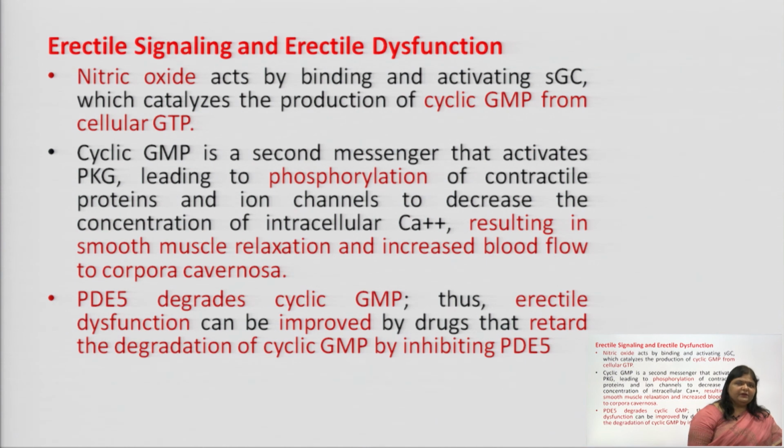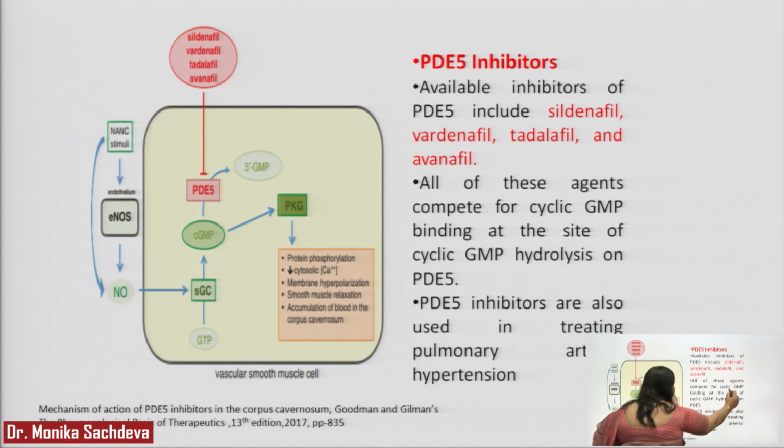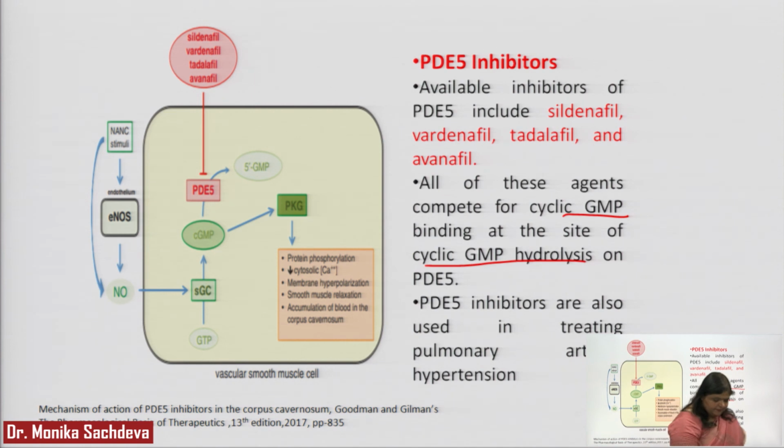They inhibit the conversion of cyclic GMP, and that is the basis for their use in erectile dysfunction. So these are the phosphodiesterase inhibitors. The drug is sildenafil. So they compete for the cyclic GMP binding site at the site of GMP hydrolysis.